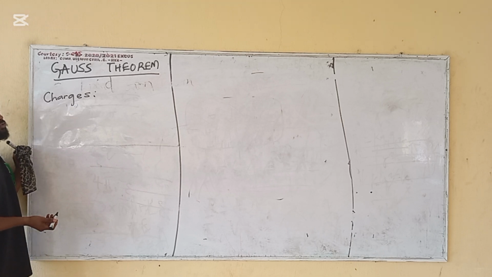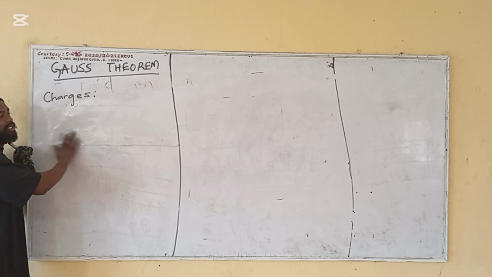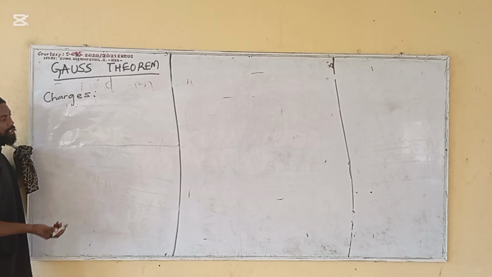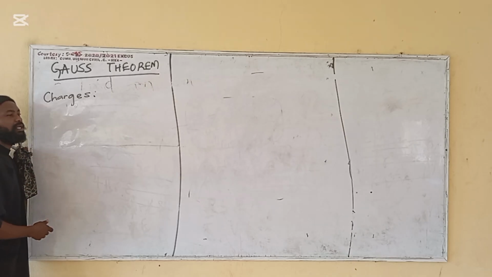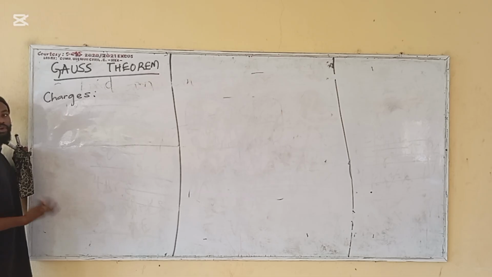You can define charges simply as electric field, force over electric field intensity. But I feel the best way to define charge is simply that there are ions, positively charged or negatively charged.